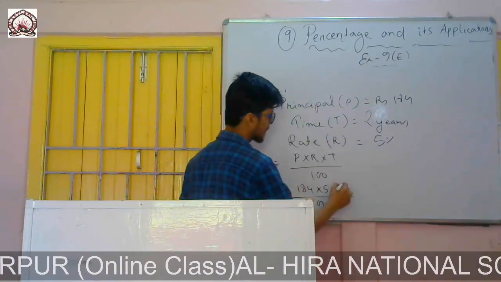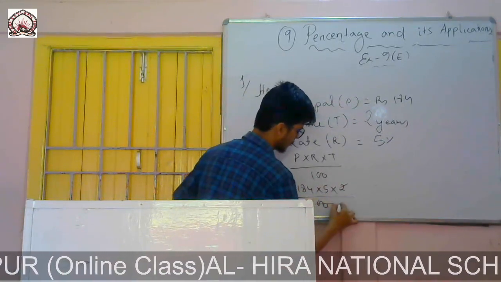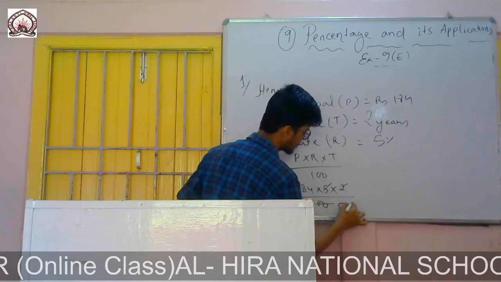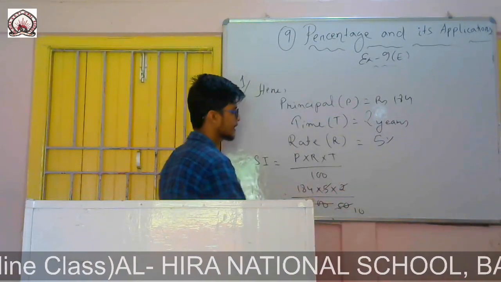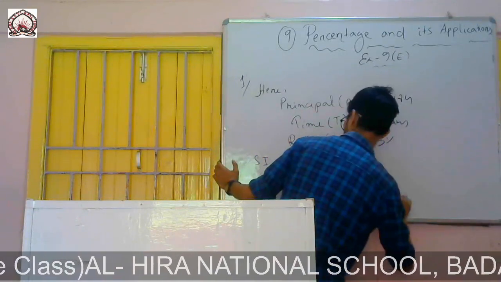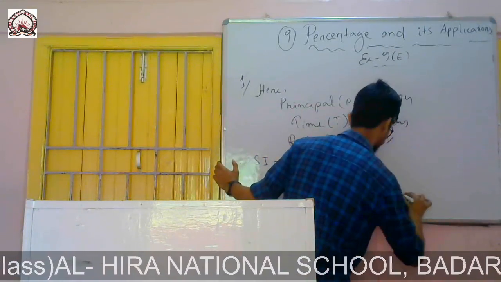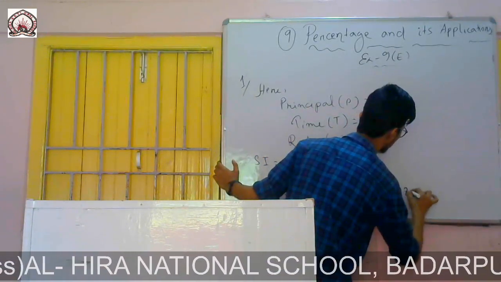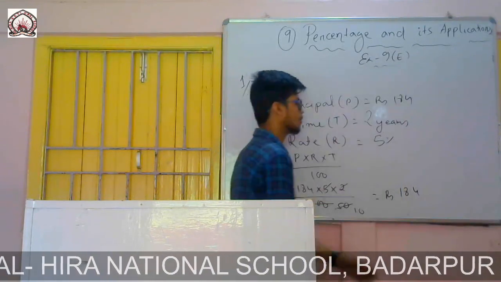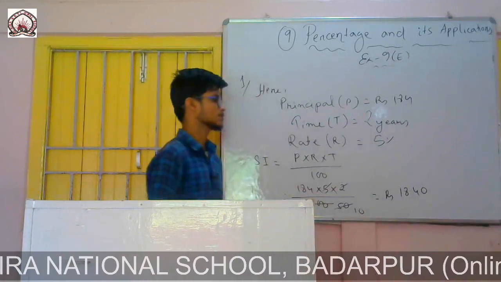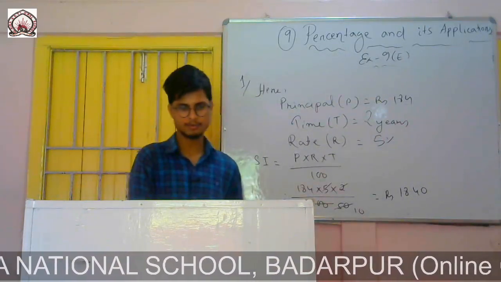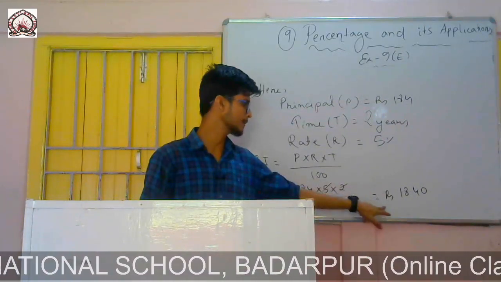If I simply cancel this, 2 fives are 10, so it is 184 divided by 10. That means simple interest is rupees 184 divided by 10, that means 18.4. And since I am writing in rupees, it will be 18.40. So this is your simple interest.